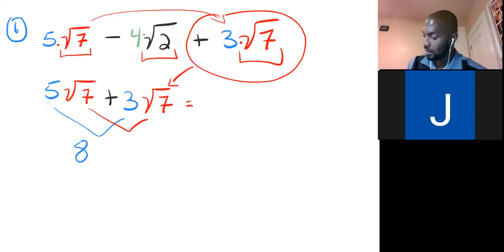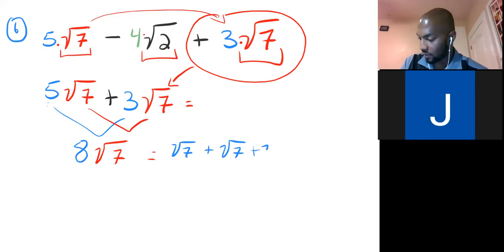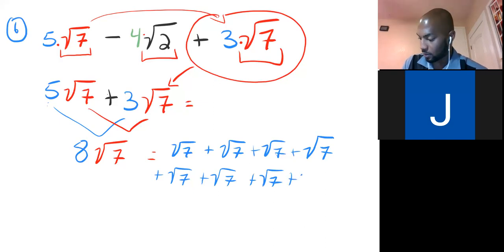That's 8 rad 7s. If you wrote that out, it would be rad 7 plus rad 7 plus rad 7 plus rad 7, that's 4, plus rad 7, that's 5, plus rad 7, that's 6, plus rad 7, that's 7, plus rad 7, that's 8. Sorry, 8 of them, right?